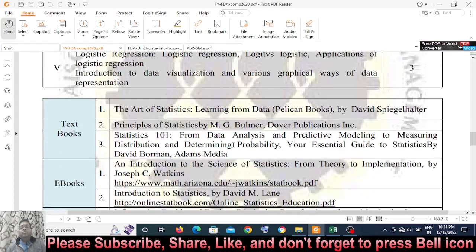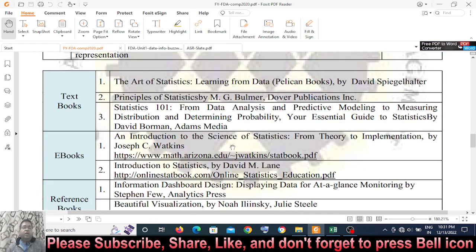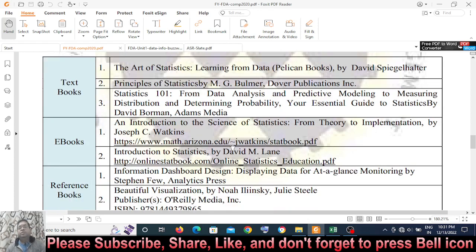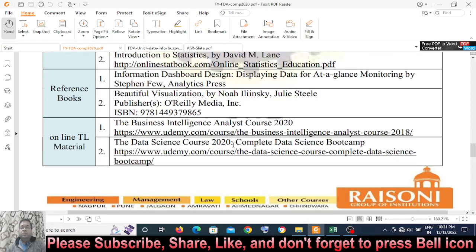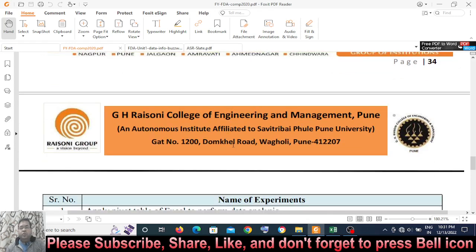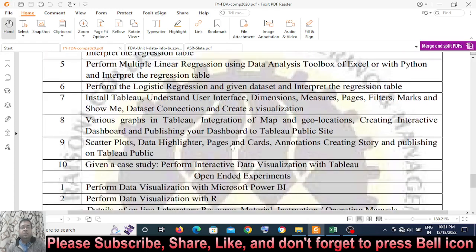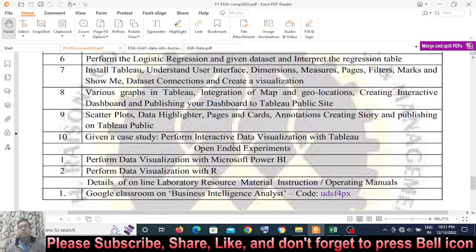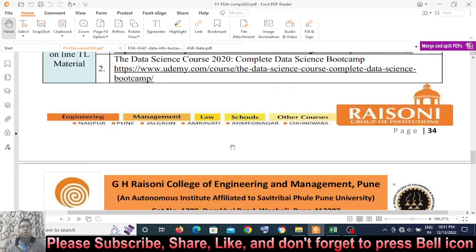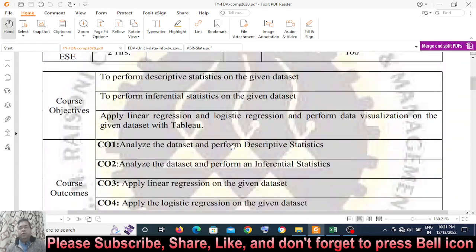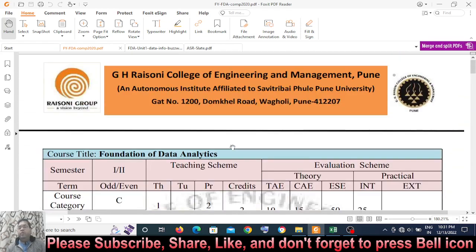The following books are recommended by the syllabus: The Art of Statistics, Learning from Data, then Book of Statistics, then Statistics 101, and Introduction to Data Science and like this. And this is the practical list, the names of the experiments. These are tentative, these experiments we have to cover in the subject, and we are going to see all these things one by one.